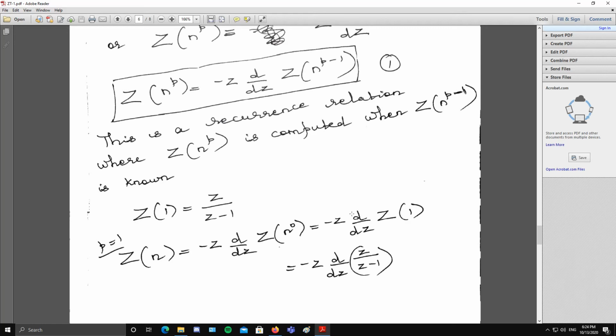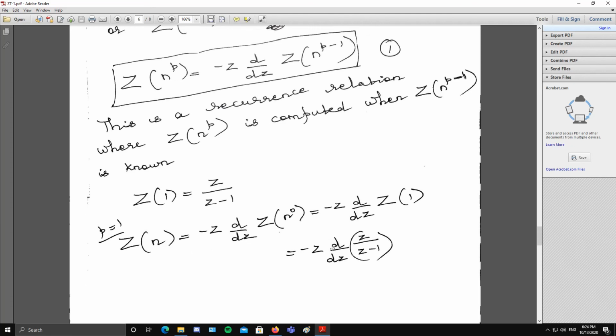What is Z of 1? Z by z minus 1. I repeat, p equals 1. So Z of n is minus z d by dz of Z of n power 0, and Z of n power 0 is Z of 1, which is z by z minus 1. So minus z d by dz of z by z minus 1.